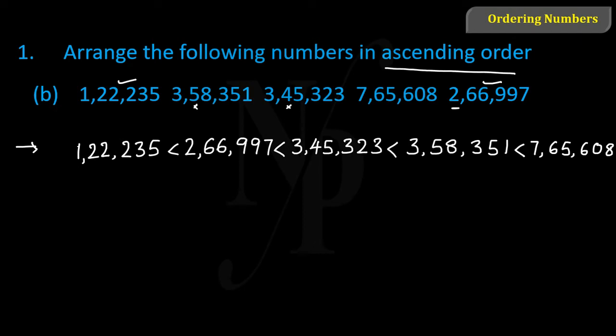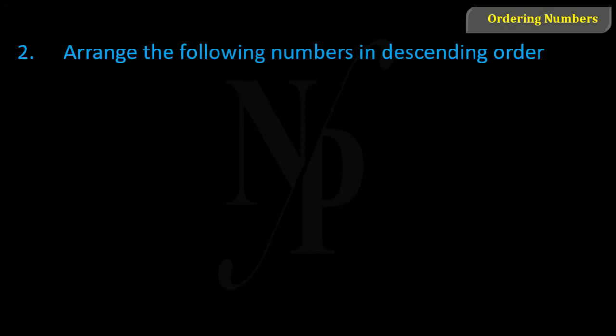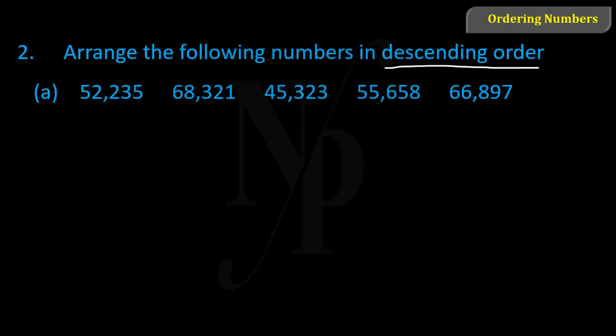Now let us take some examples to arrange the given numbers in descending order. Question number 2, let us arrange the following numbers in descending order. So some numbers are given here, we will arrange these in descending order.